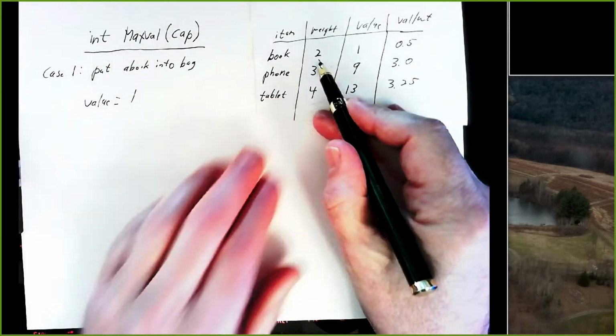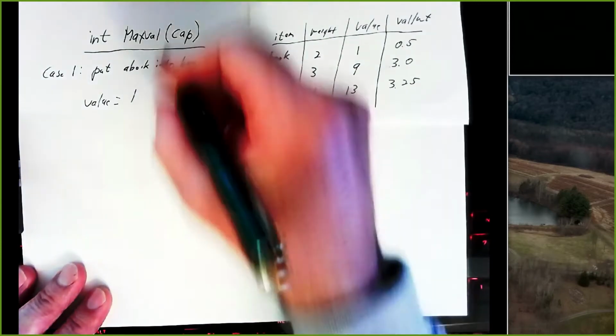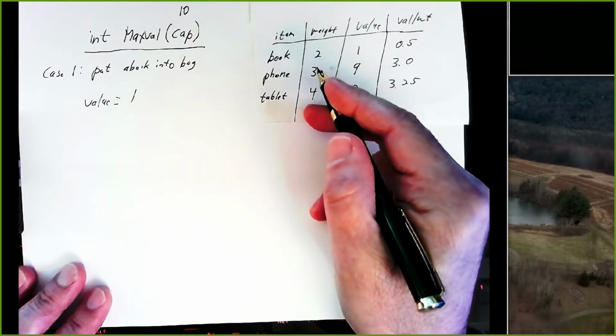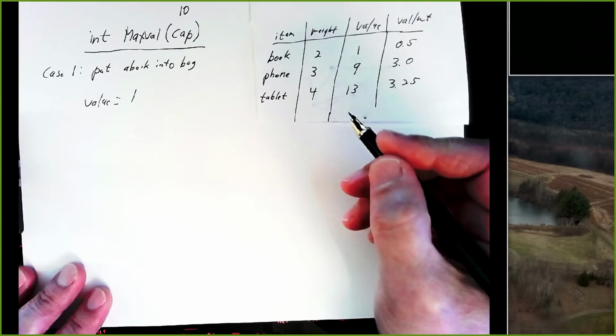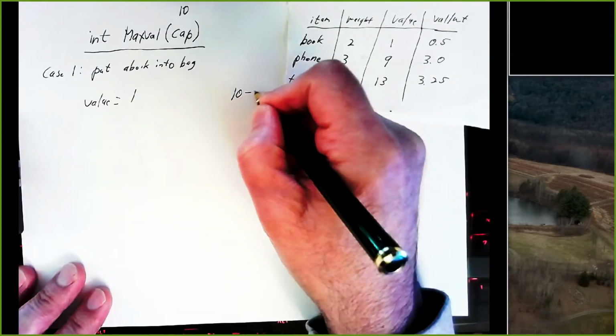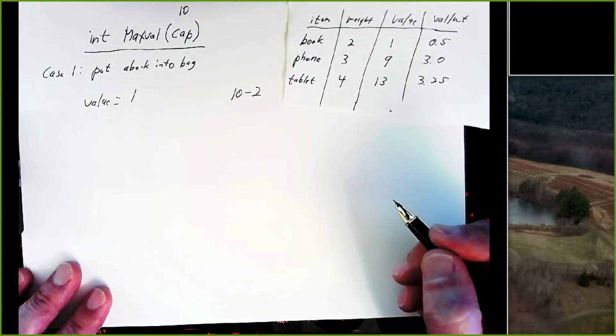The book weighs 2 pounds. Our bag holds 10 pounds. Once we put the book in, how much space do we have left in the bag? 8. We have 10 minus 2, that's 8 pounds of capacity left in the bag.